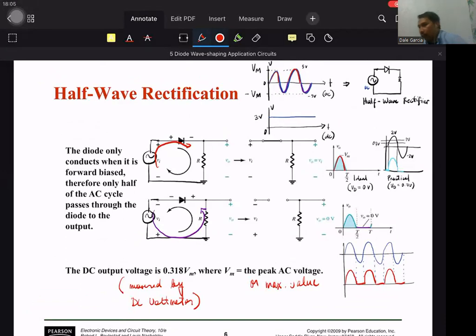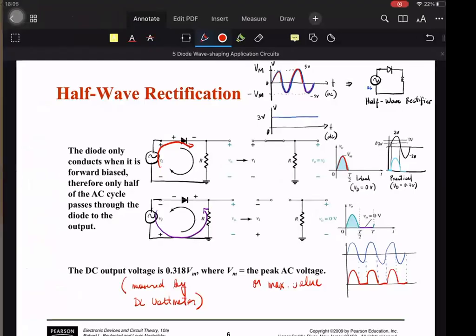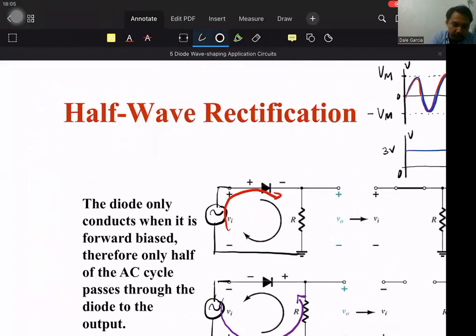So before I proceed, I have a question. I mentioned earlier that this rectification process is the first step in a much larger process of AC to DC conversion.